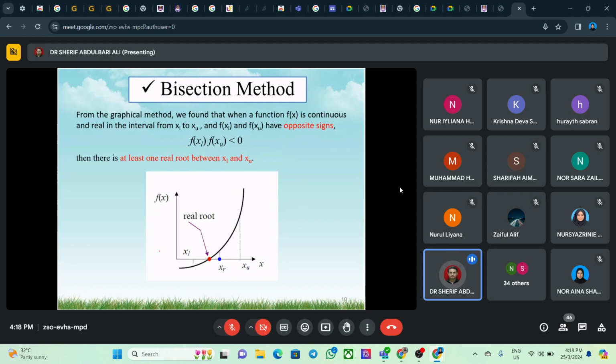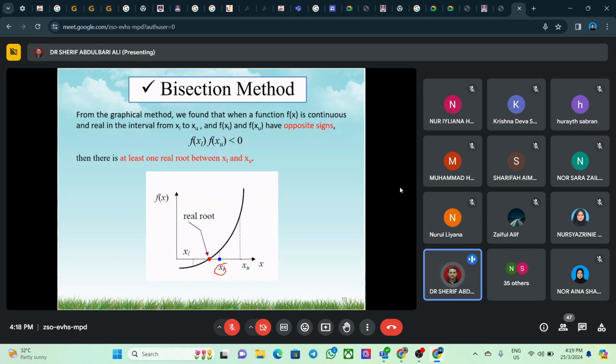So how does this method work? Here is the value of x lower, and here is the value of x upper. The bisection method is going to create an intermediate value, we call it xr, x root.